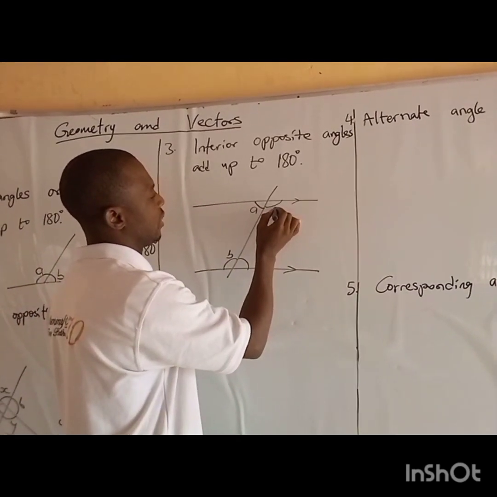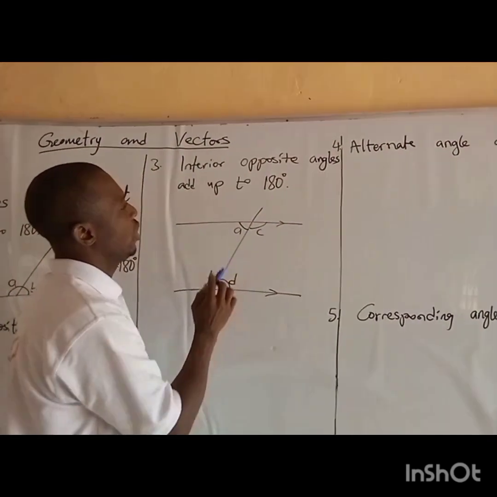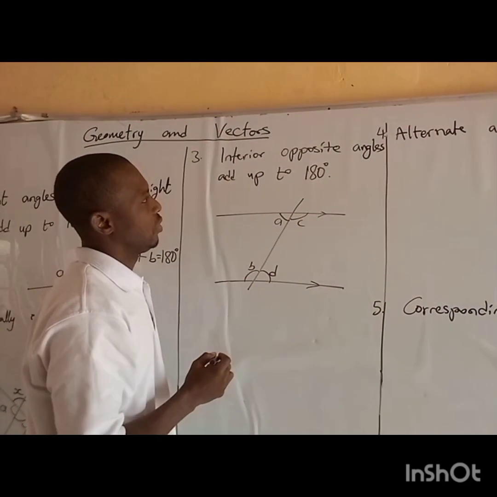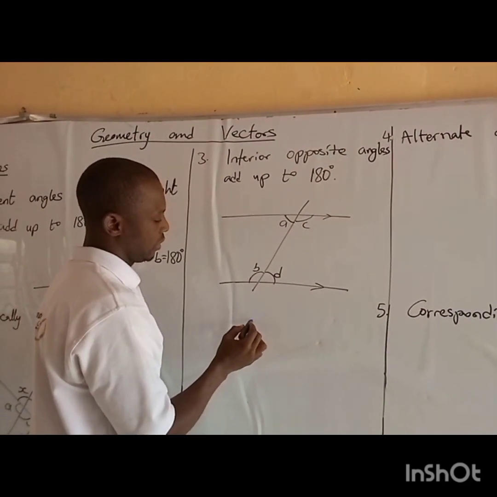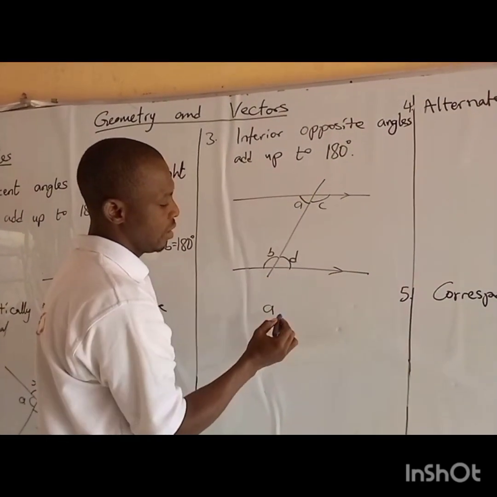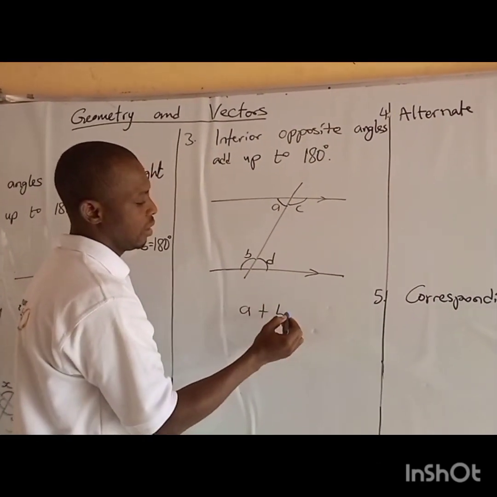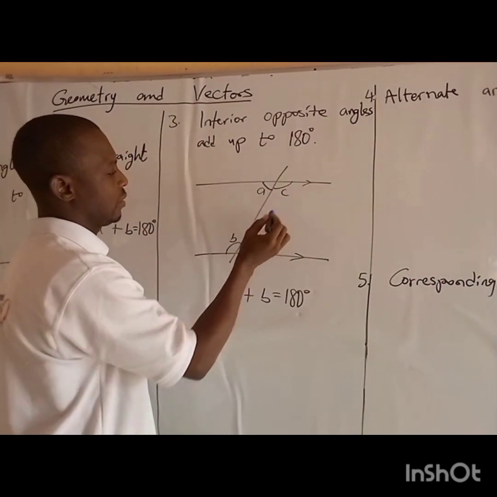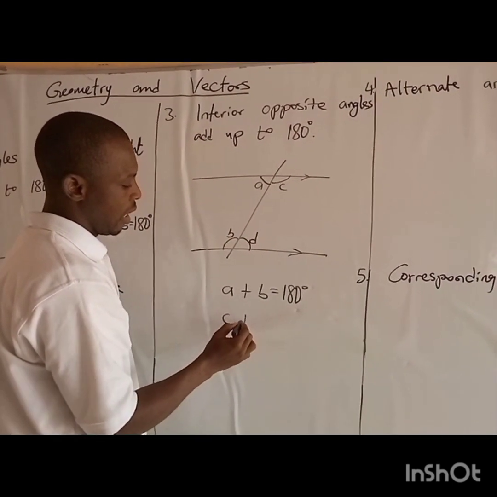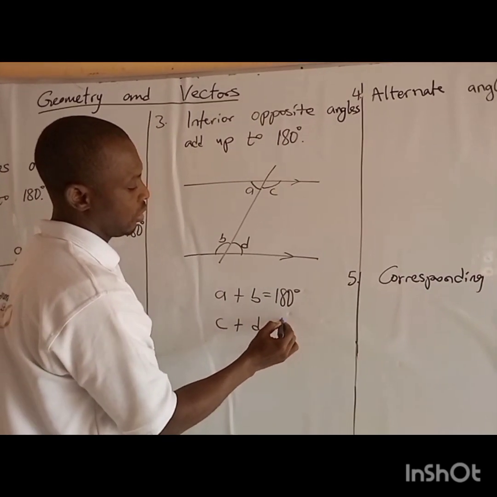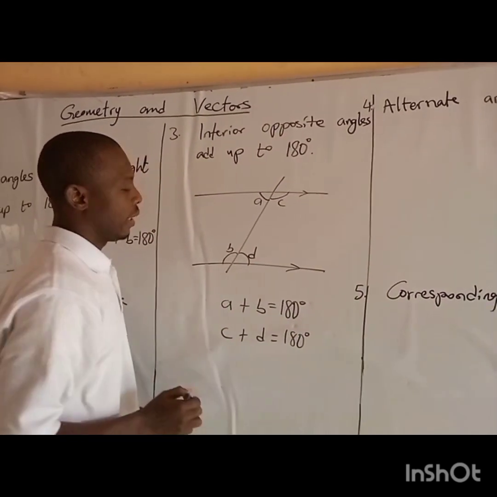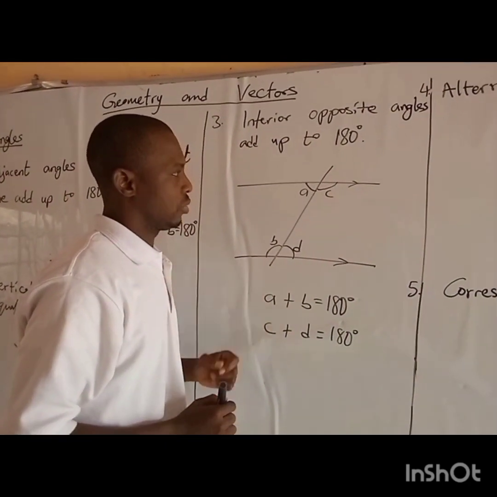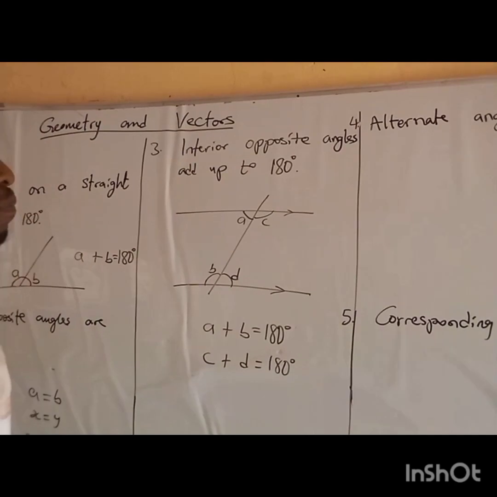It also means that this angle and this angle will also add up to 180. That's what it means by interior opposite angle. It means that this A plus B is equal to 180 degrees, and angle C plus D is also equal to 180. That's what it means by opposite angles add up to 180.